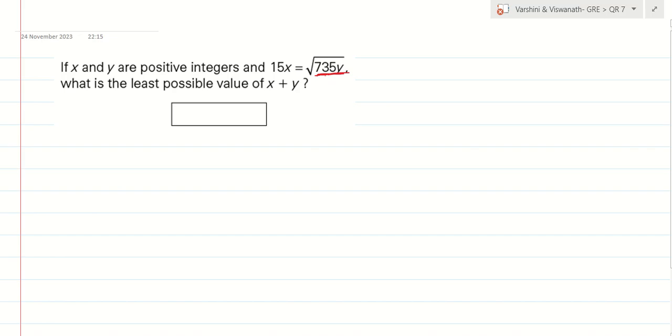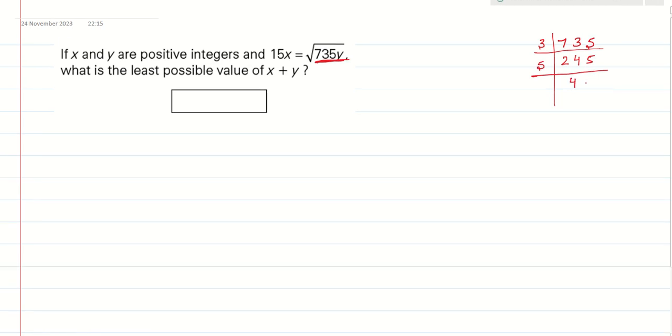You'll get some idea. 735, factorize it. Divide by 3. 3 2s are 6, 3 4s are 12, and 3 5s are 15, correct, no? Divide by 5. 5 4s are 20, 5 9s are 45.